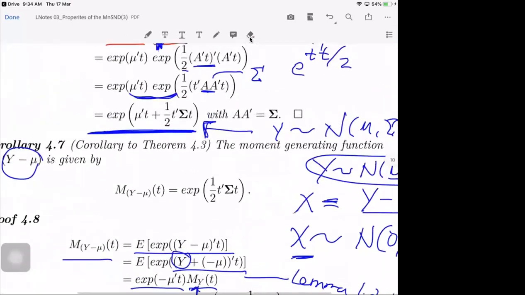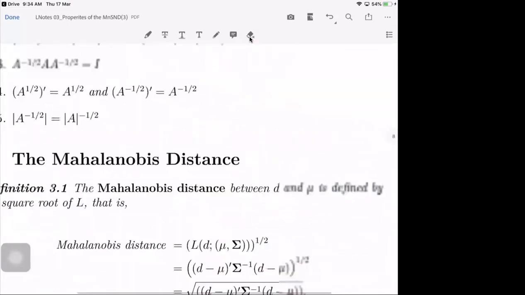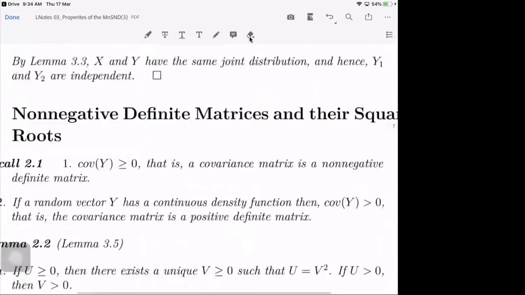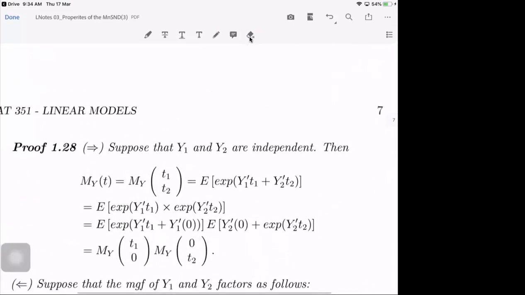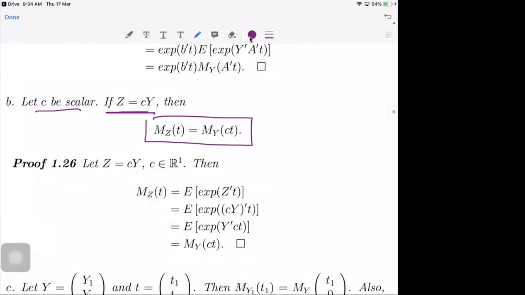We have shown earlier that if we do a transformation on a random variable by pre-multiplying it by a scalar, the moment generating function of the new random variable is equal to the moment generating function of the original random variable, but this time it will be at ct.